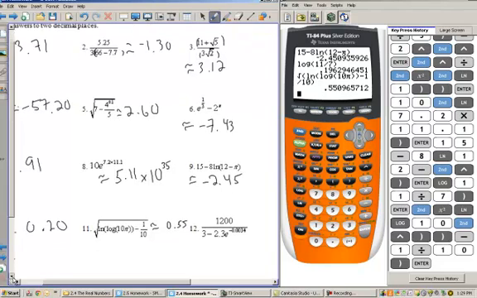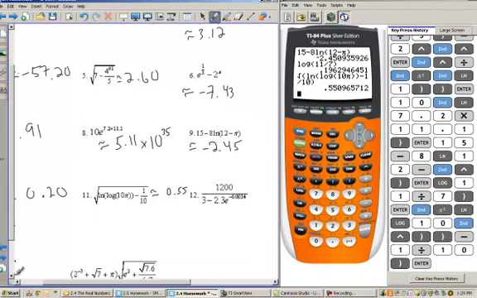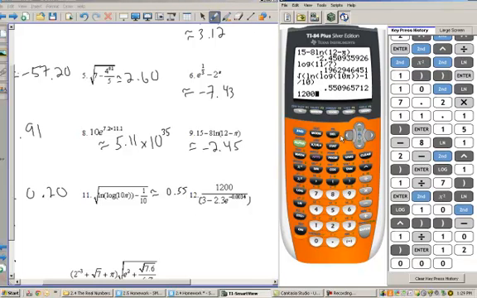Okay, so in number 12, I have 1200 divided by this thing. Remember, I'm going to have to put parentheses around this thing because I'm doing an operation, subtraction, down there. And so I have 1200. Oops, too many zeros.